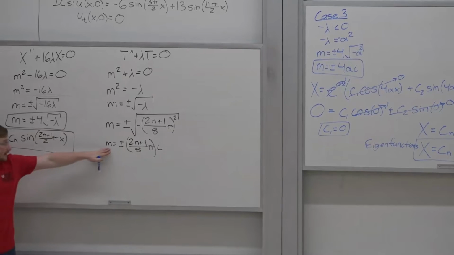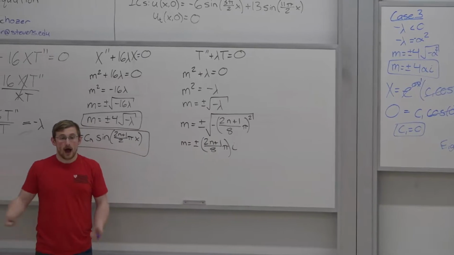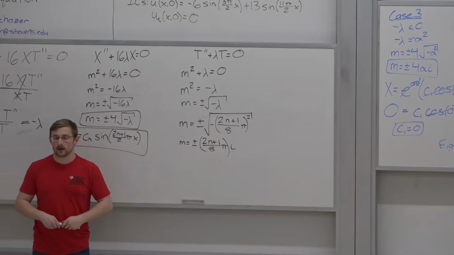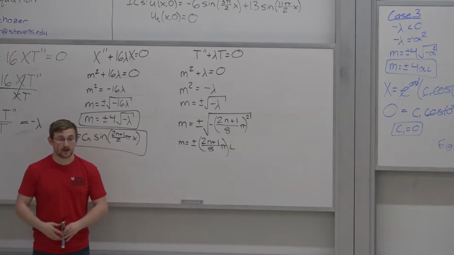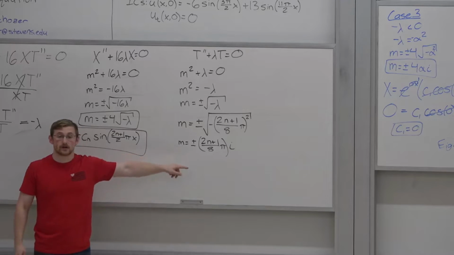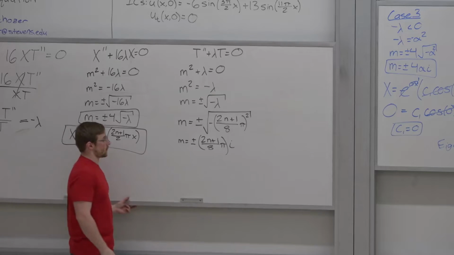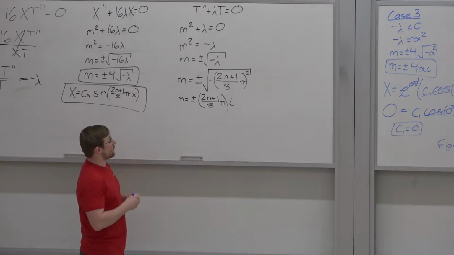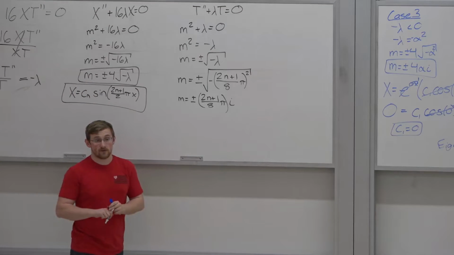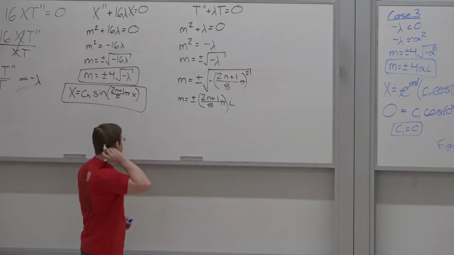So right here, this is already telling me which case of my homogeneous equation this fits into, because I got imaginary solutions. So I can fit that directly into my format for imaginary solutions.